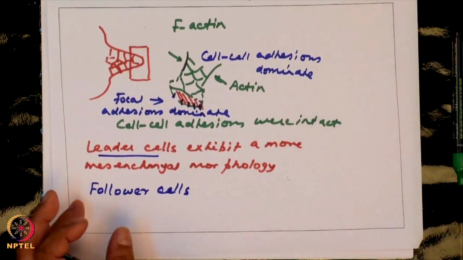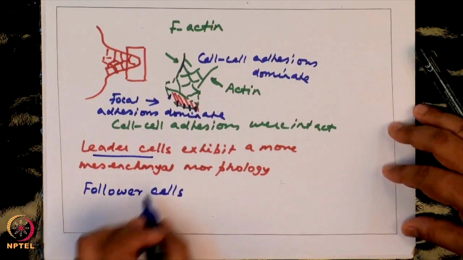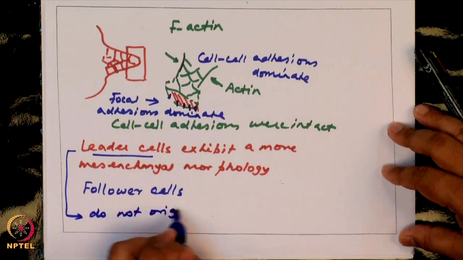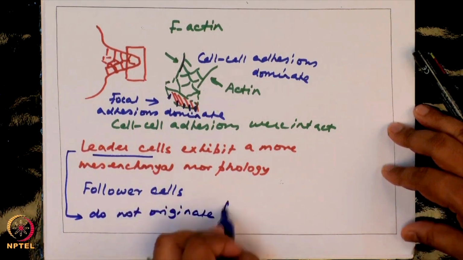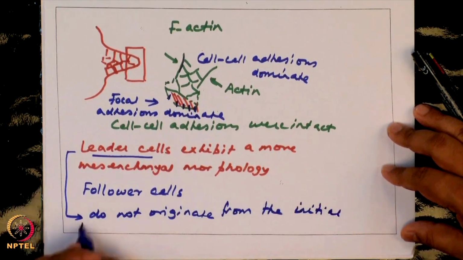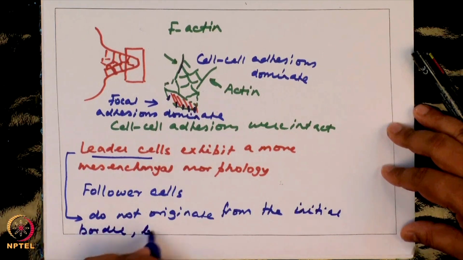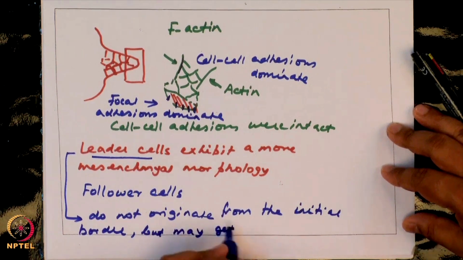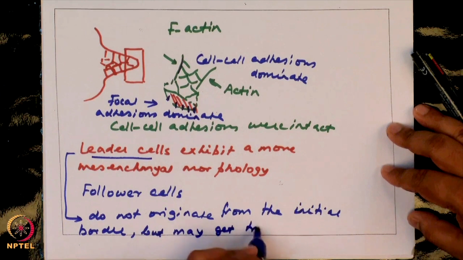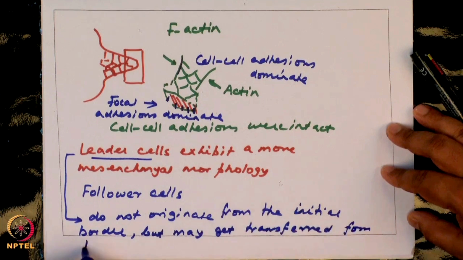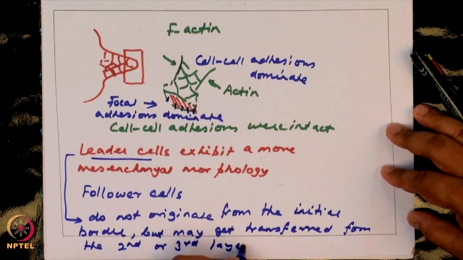Now the flow profile I discussed suggests that these leader cells do not originate from the initial border, but may get transferred from the second or third layer inside.